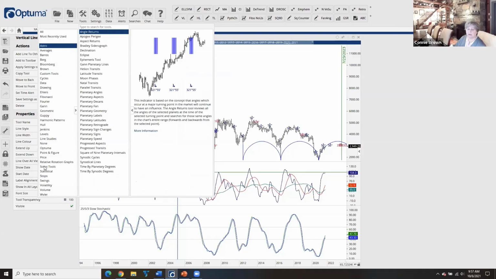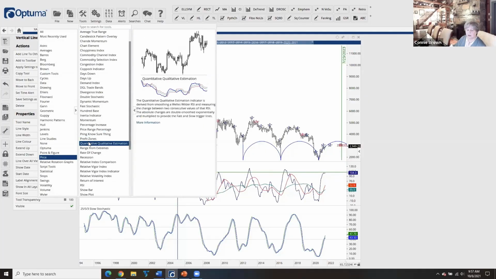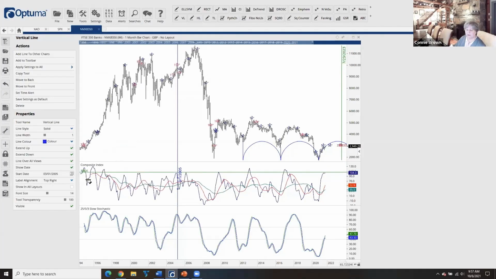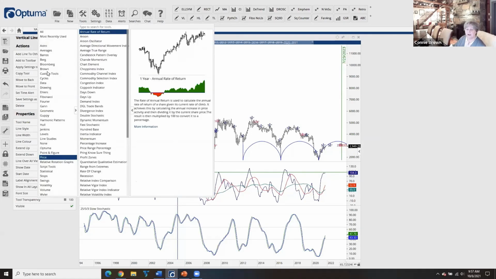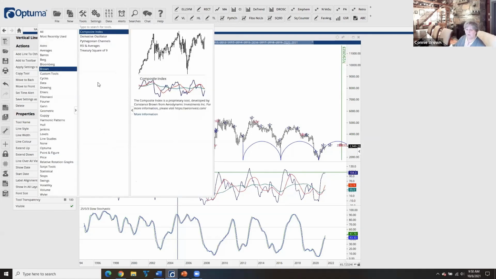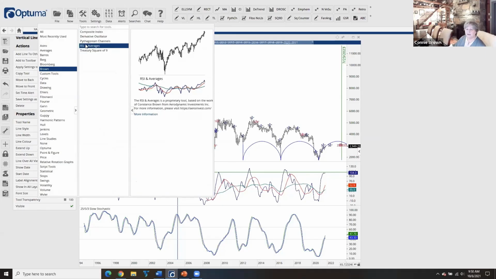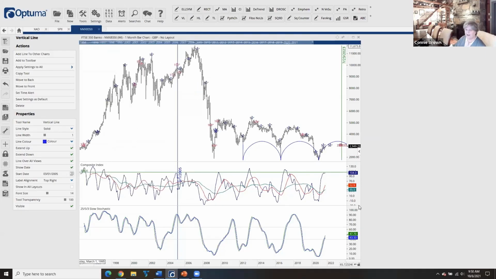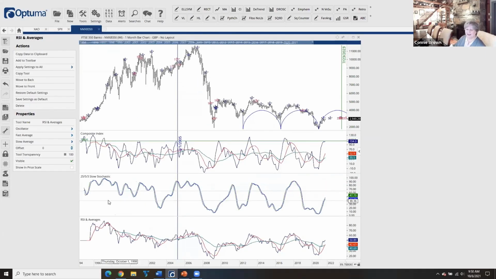It should be in averages, but Optima puts it in price, I think. Tools. I have my own little setting. Matthew Virgo would kill me. He said, we put your indicator in a separate setting. There you go. Okay, here's RSI.